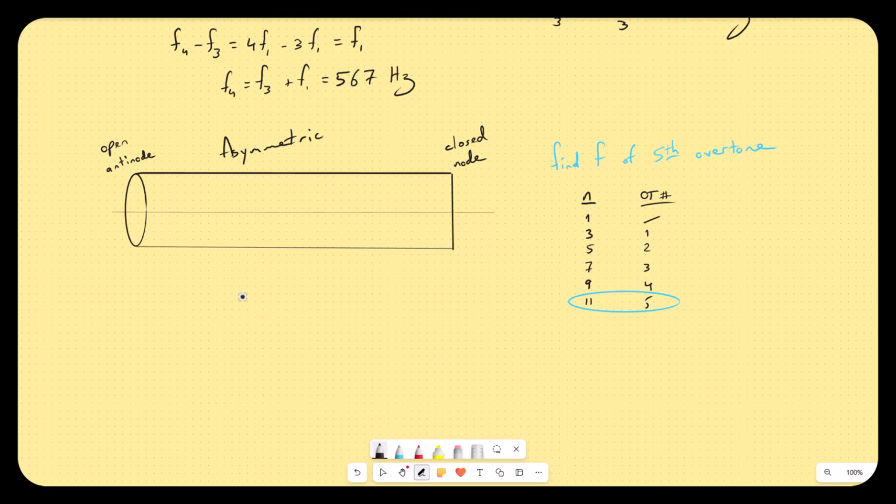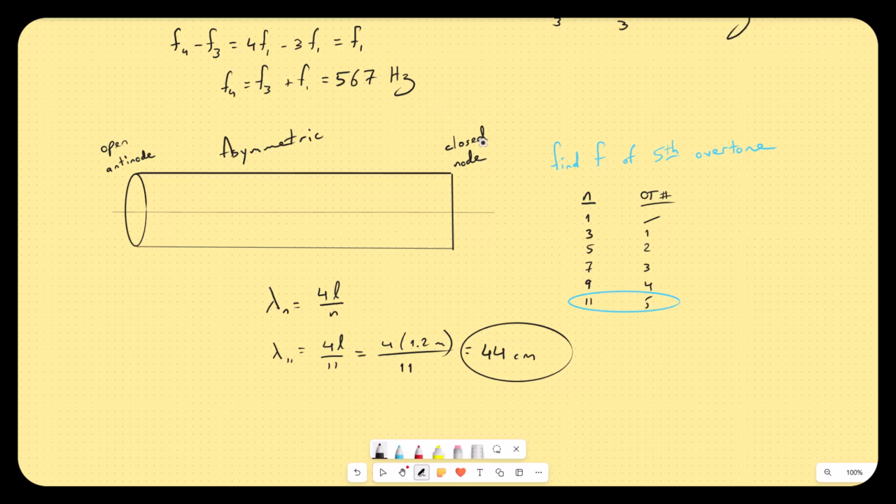I'm going to say my wavelength is going to be 4L over n. So the wavelength of the 11th harmonic is going to be 4L over 11, which is 4 times 1.2 meters divided by 11, and that gives me 0.44 meters, so 44 centimeters is going to be my lambda 11.